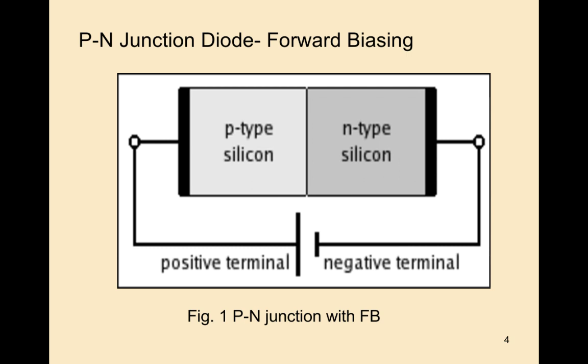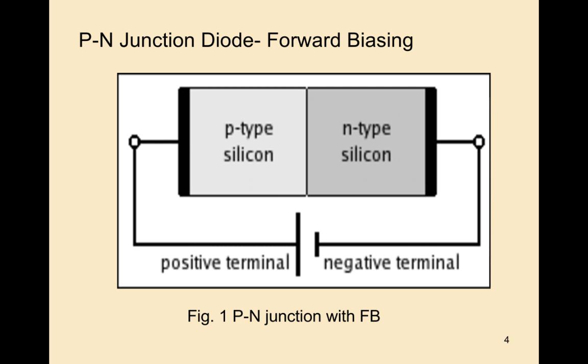Take one p-type silicon and one n-type silicon, joined together. For the p-type side, we connect the battery positive terminal, and the battery negative terminal is connected to n-type. This we call a forward biasing condition.